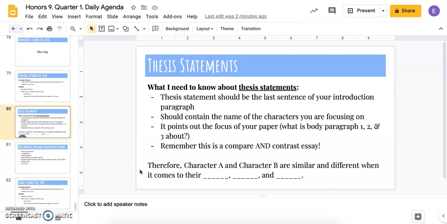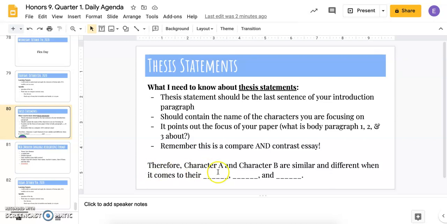So here is what it reads. "Therefore, character A and character B are similar and different when it comes to their blank, comma, and blank." Notice that I start off with a strong transition word. Transition words are your friend. Okay, so please make sure that you utilize transition words throughout your paper.